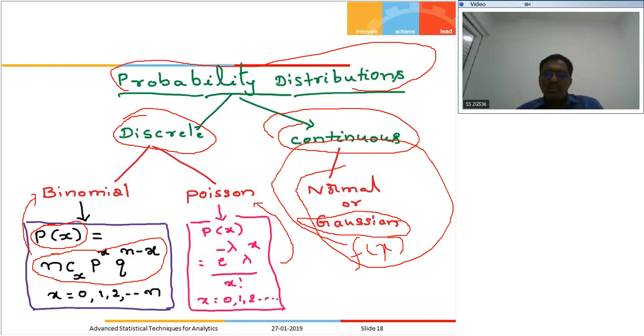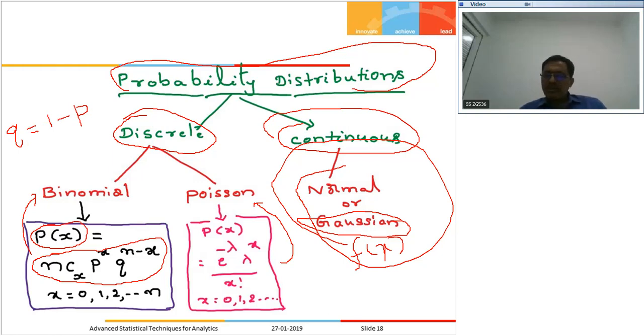Yes, we can't say Q is a parameter, because once P is available, Q is automatically available. The probability of A is P, then the probability of A bar is 1 minus P of A, that is Q. That's why Q is not a separate parameter. Q is 1 minus P, the probability of failure. So only 3 parameters define the binomial distribution.